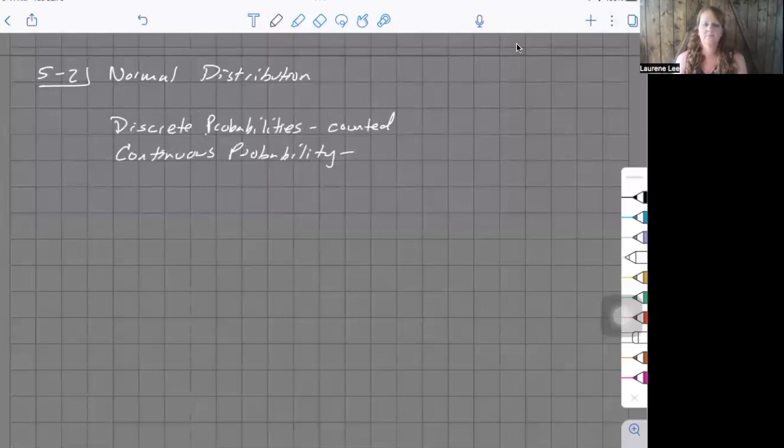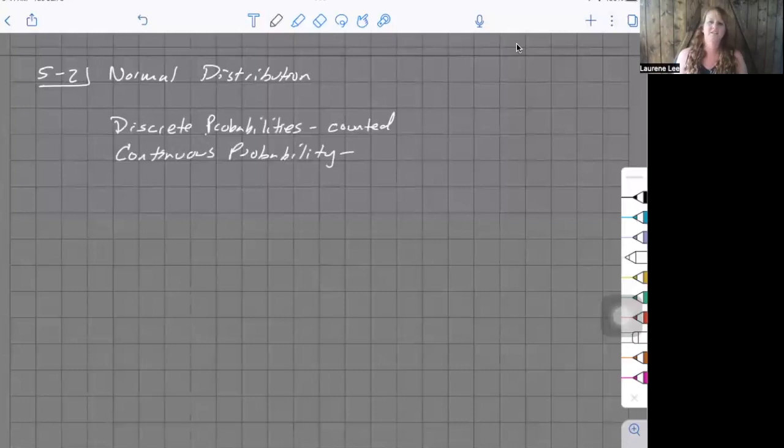If we're talking about somebody's blood pressure, there are an infinite number of blood pressures somebody could have, because we're measuring in decimals and there are an infinite number of decimals. They could have 120.1, 120.2, 120.3. There are all of these options, and so making a bar for each one becomes unrealistic.